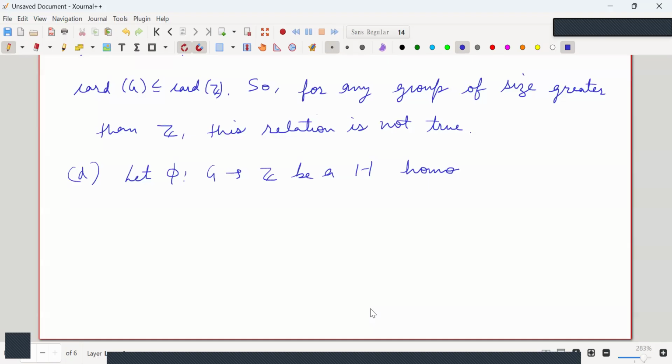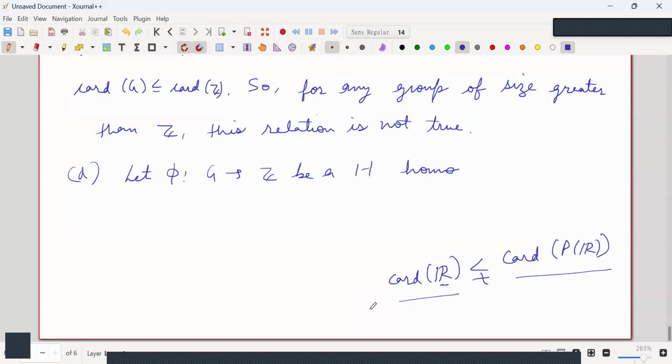So the cardinality of R will be strictly less than the cardinality of the power set of R. And if this is uncountable, this has to be uncountable because it is more. It cannot be countable. So this is an uncountable set and this is an uncountable set, but they have different cardinalities. Now it is clear.